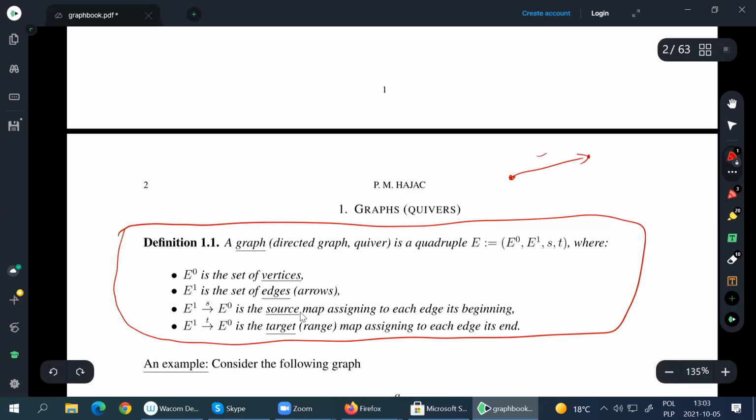So if this is my arrow e, then this vertex is s(e). And then I have another map, again from E1 to E0, which is the target or the range map. Again, this terminology is used interchangeably. And this assigns to every arrow the end of this arrow. So t(e). So that's what we mean by a graph.